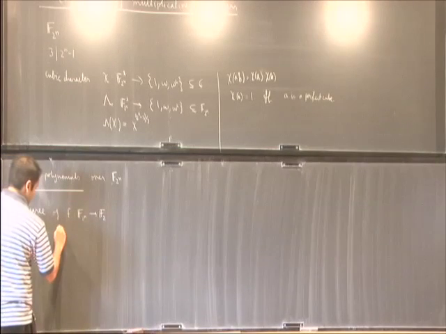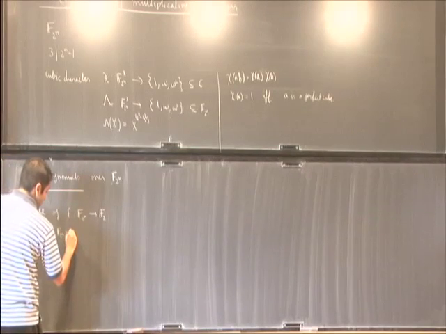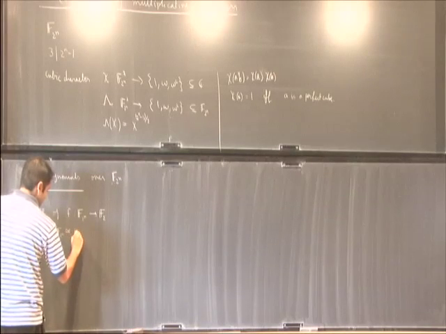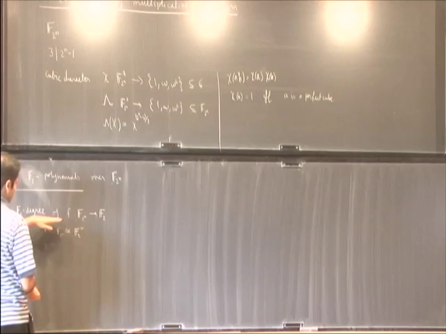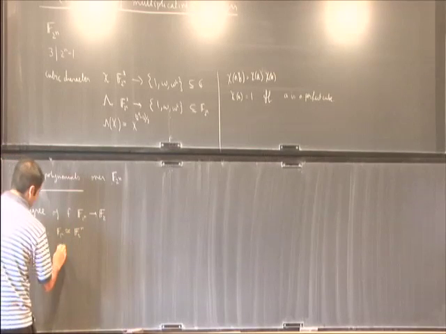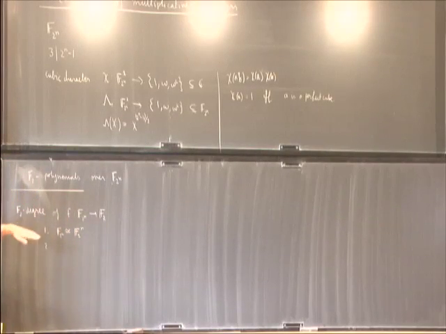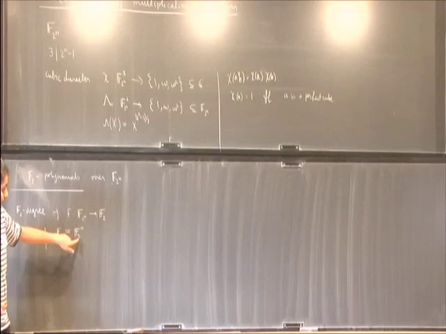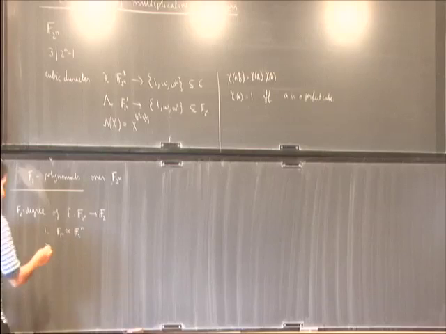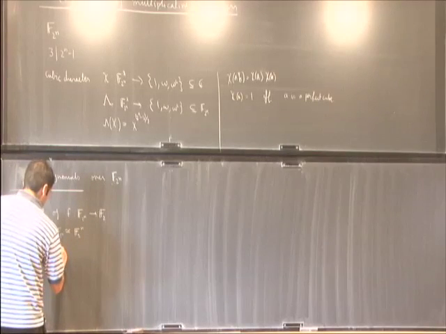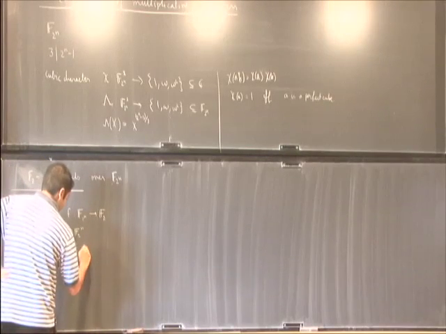So we pick a basis, and that makes F_{2^n} the same as F_2^n. Then I say the F_2 degree of f is d if there is a polynomial of degree d in n variables over F_2 that computes the function f.